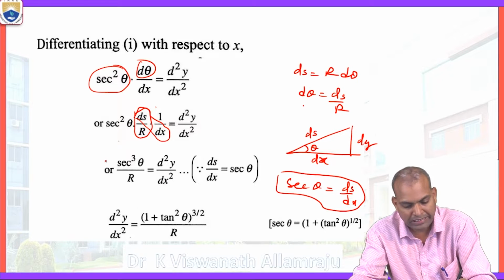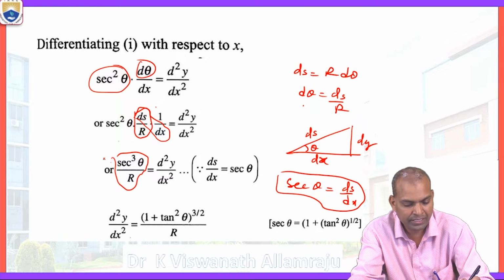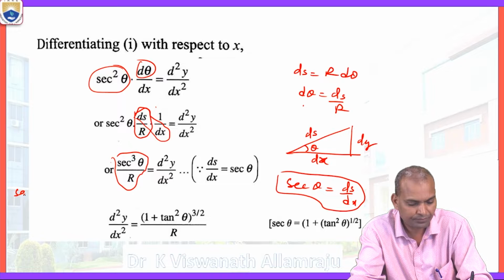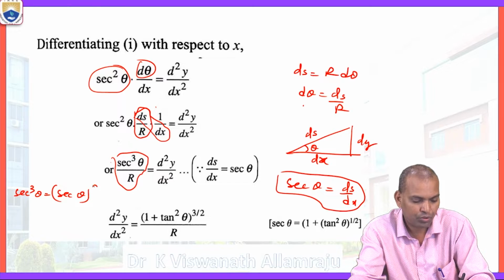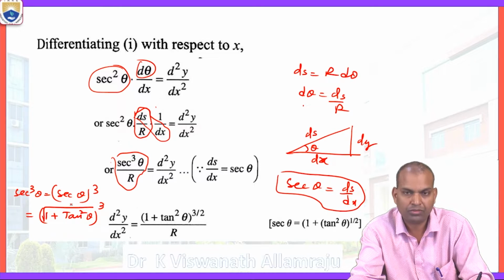Now we are going to convert the secant cube theta in terms of tan theta. How to make it here? The secant cube theta we write as secant theta whole cube. What is secant theta? It is the square root of 1 plus tan square theta, cubed.